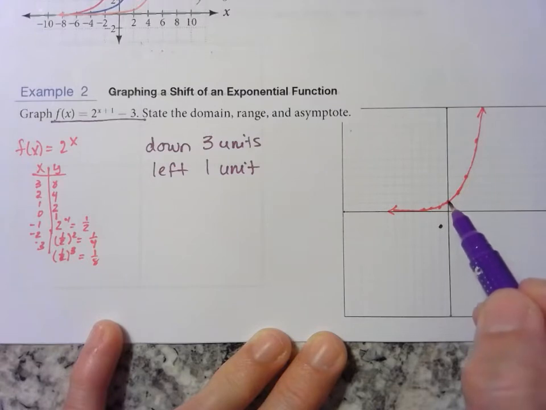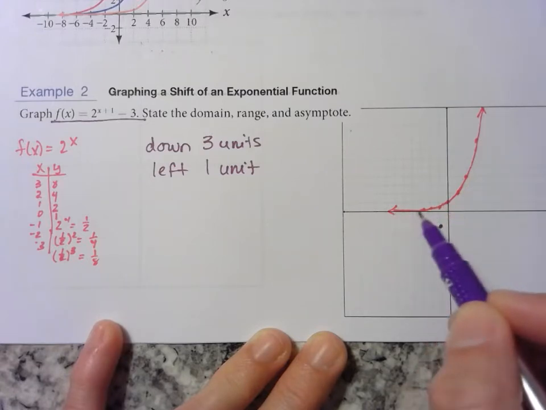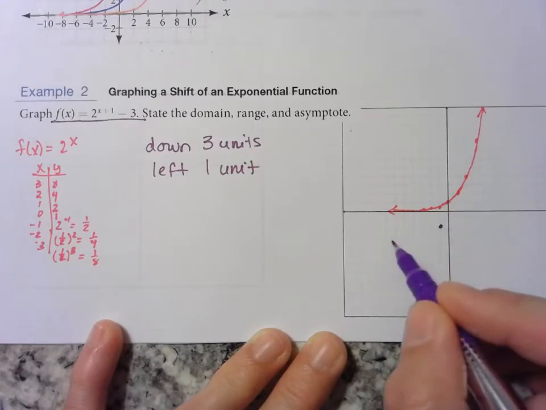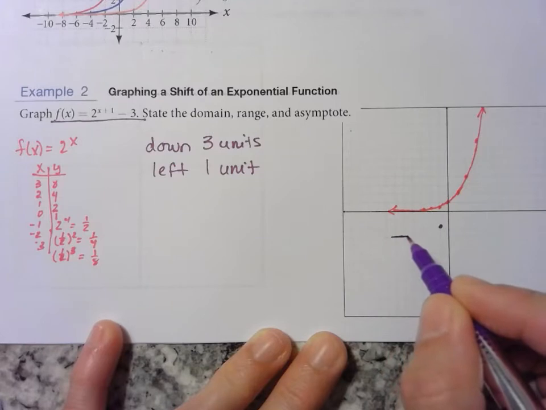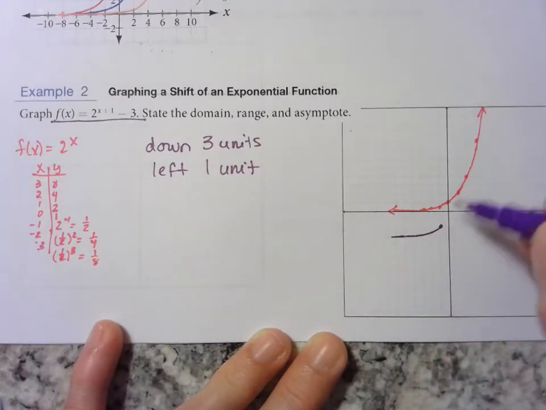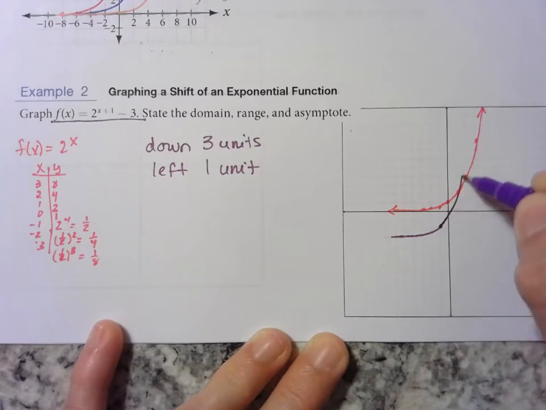So notice how this graph starts at 1 unit below (0, 1). So we start this one 1 unit below (0, 1), or in this case, (-1, -2). Looks something like that.